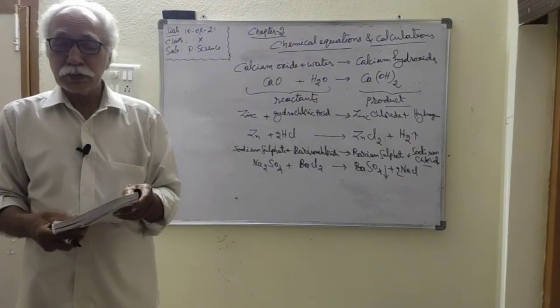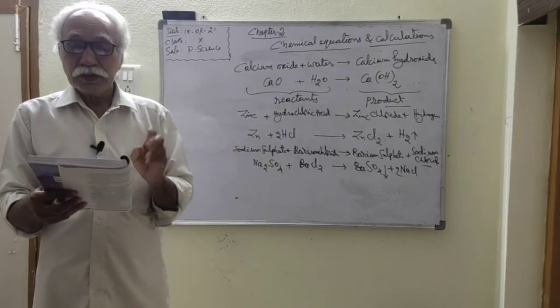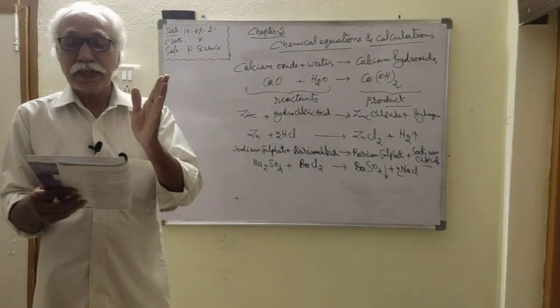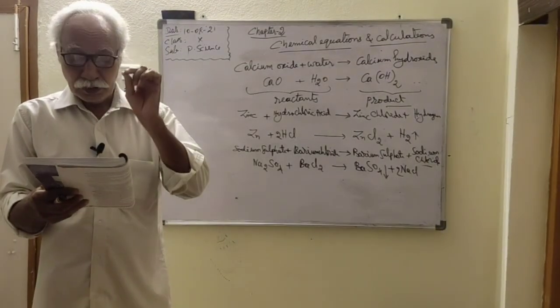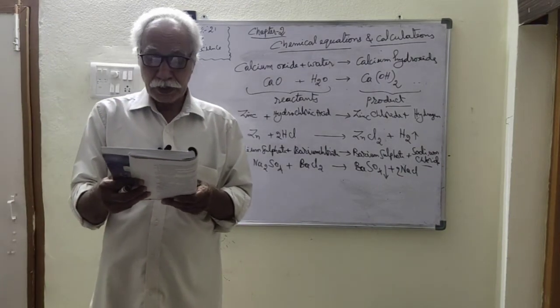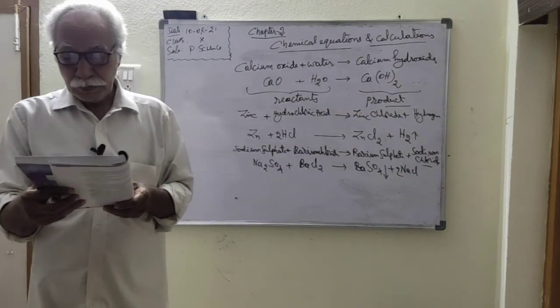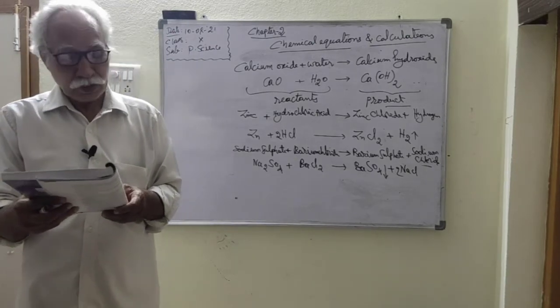According to this concept, the mass can neither be created nor be destroyed. The mass remains constant before and after the reaction. So because of that concept, all chemical equations must be balanced, because atoms can neither be created nor be destroyed in a chemical reaction.